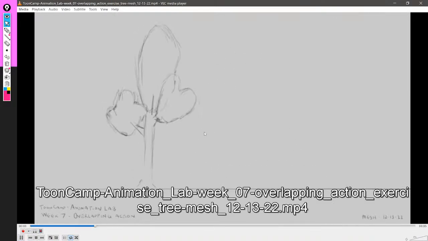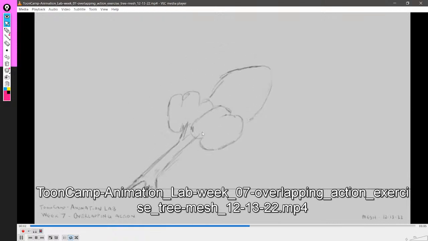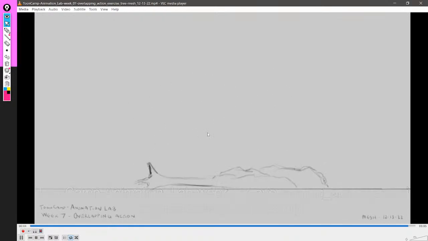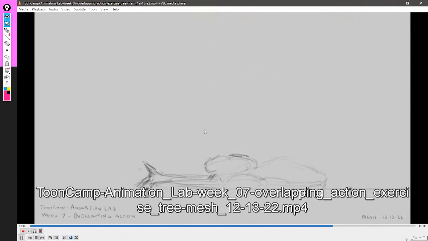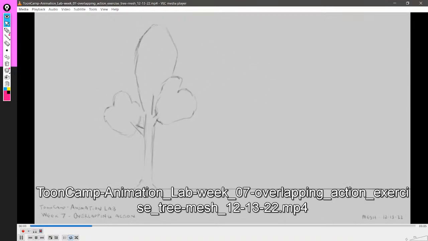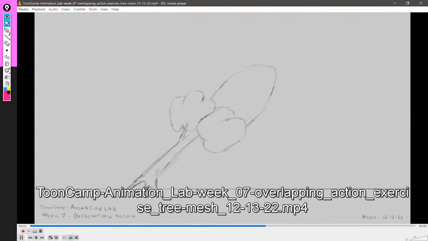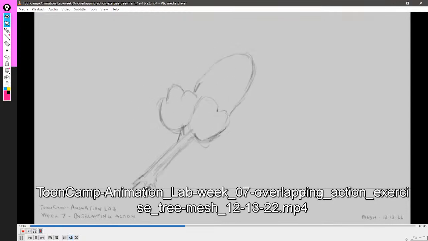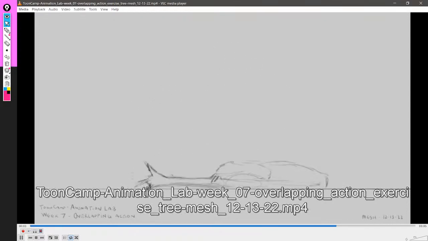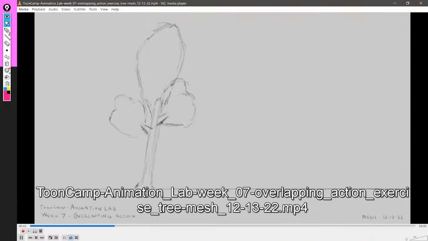Here, the leaves are really good. Other than that, I would have liked it more if you didn't do the wind, because it's making the motion of the leaves really muddy.